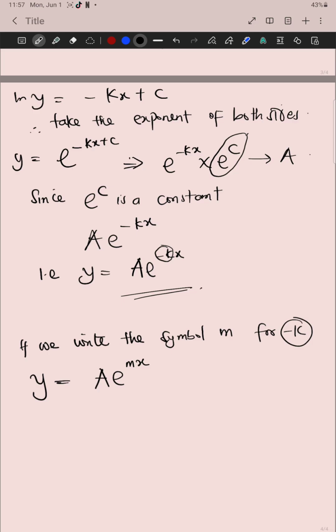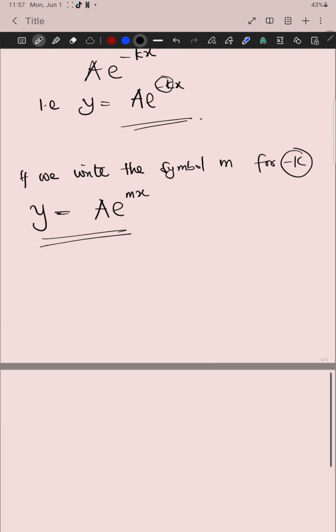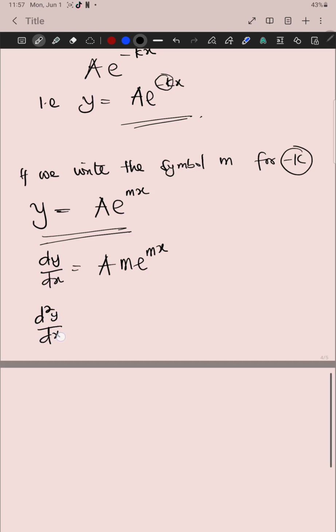So if y is equal to e to the power of mx, then dy/dx is m e to the mx, and d squared y over dx squared is m squared e to the mx, because we are differentiating twice. Differentiation of this will give you this.